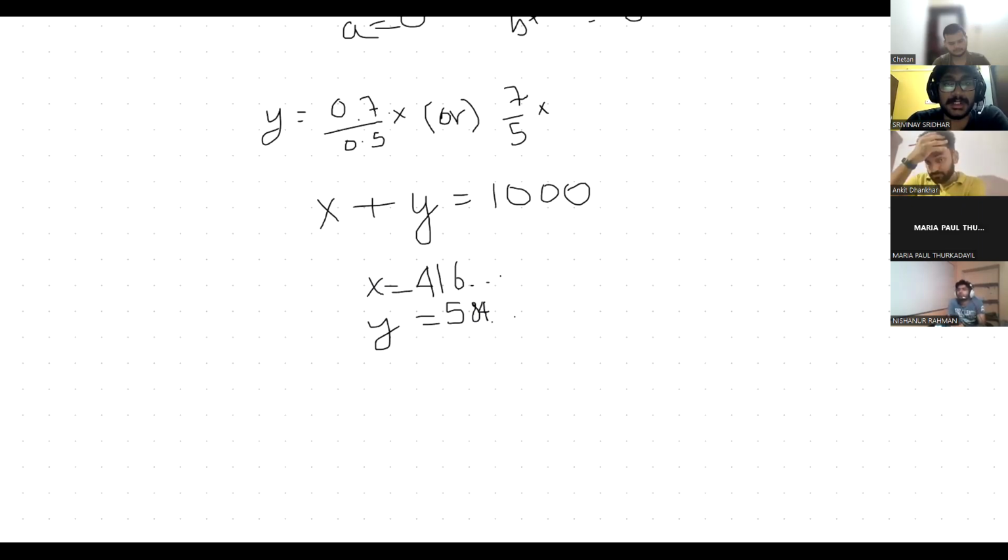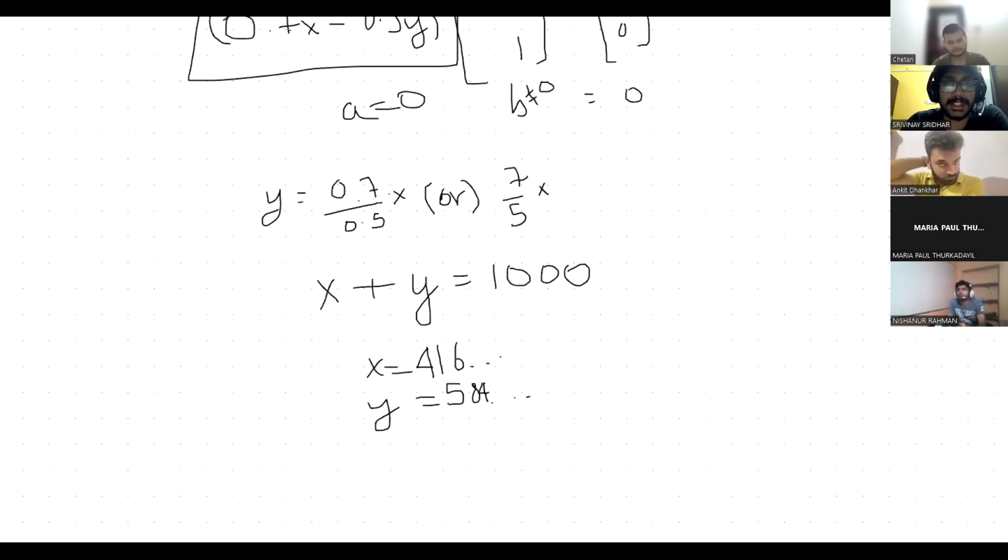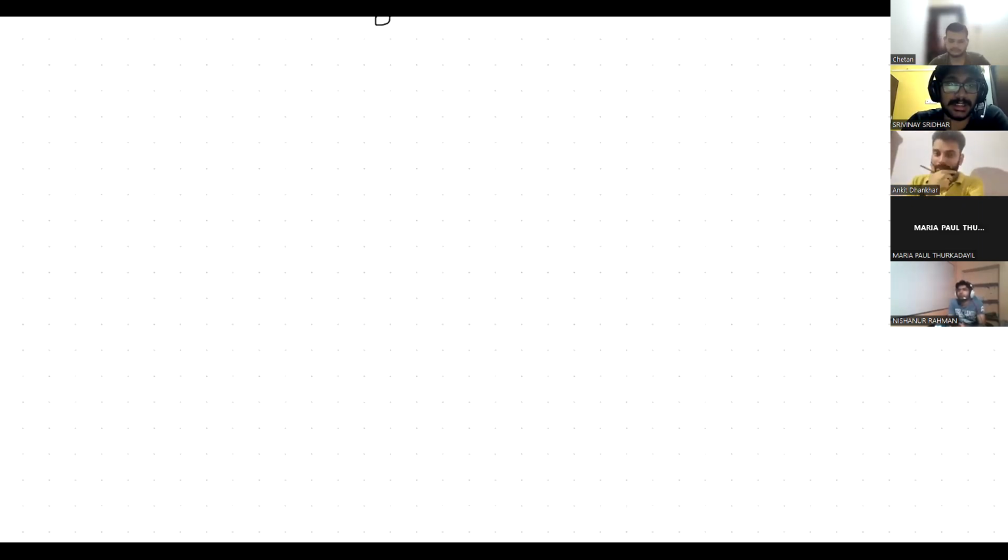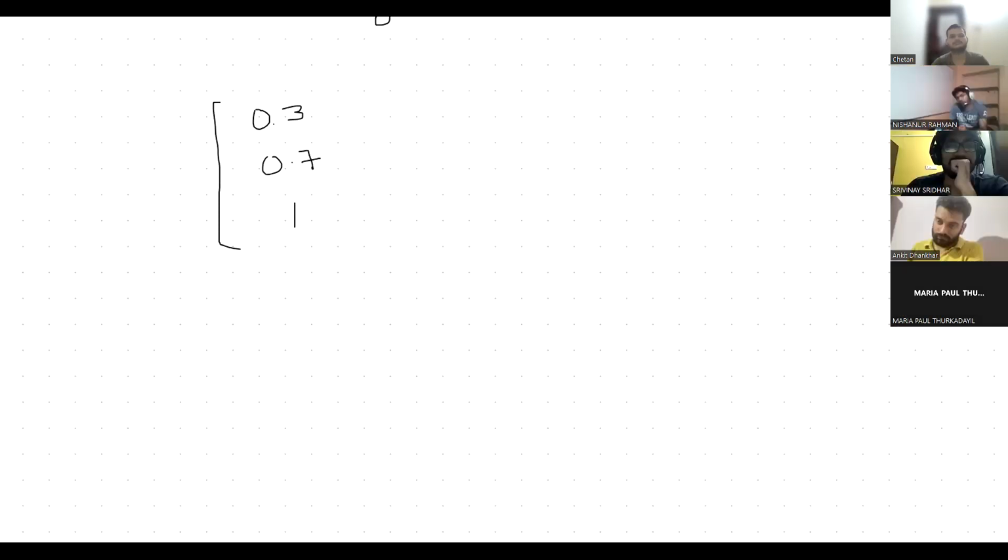Now we want to do this entirely with a matrix. Let's try that. So we have 0.3 and 0.7. One thing I see that might be a problem is it loses its sum to 1. Let's see if that affects this. That property is lost.